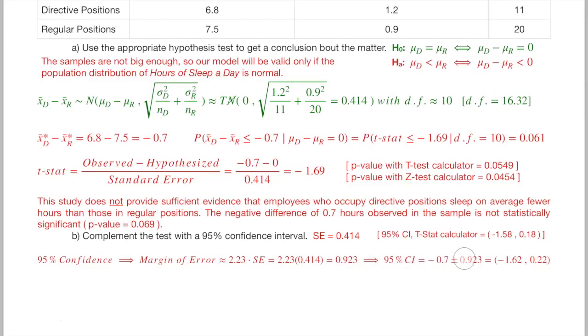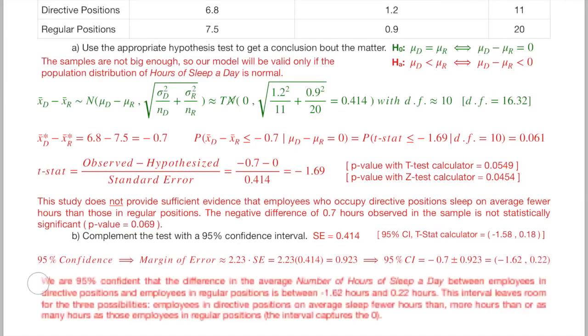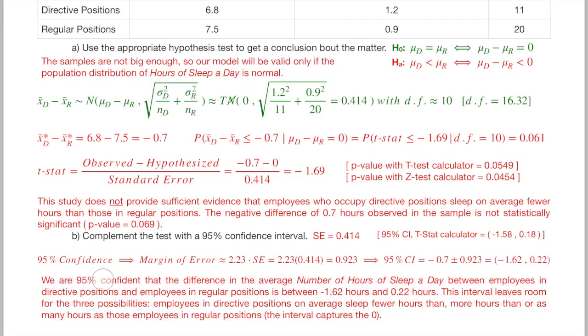We added to and subtracted from the difference observed in the sample to get an interval from negative 1.62 to 0.22. Here is the interpretation. We are 95% confident that the difference in the average number of hours of sleep a day between employees in directive positions and employees in regular positions is between negative 1.62 hours and 0.22 hours.